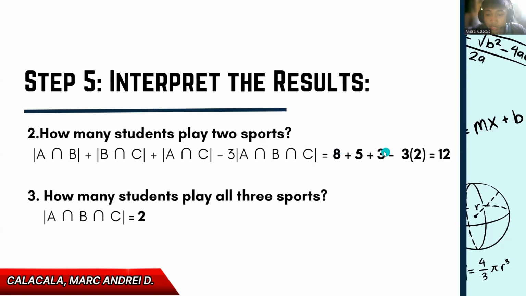So technically this was the solution. So the last number, the cardinality of the intersection of sets A, B, and C, is equal to 2.